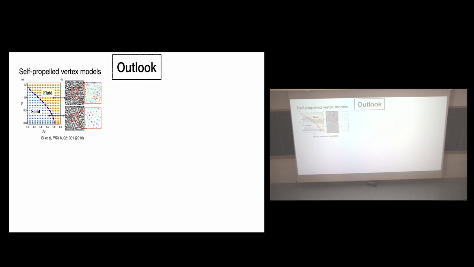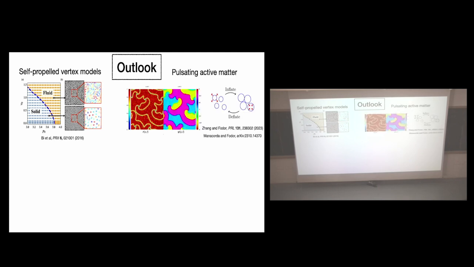But on top of that, it has been seen that you can actually add self-propulsion to this, and this makes the model out of equilibrium. And this is what Silke will be speaking about next time.